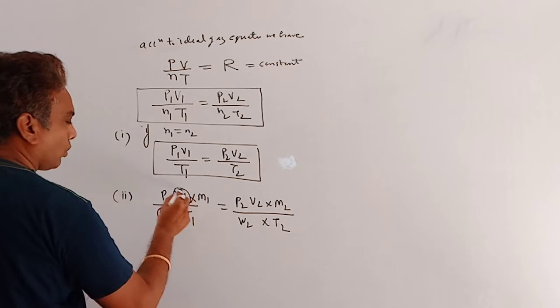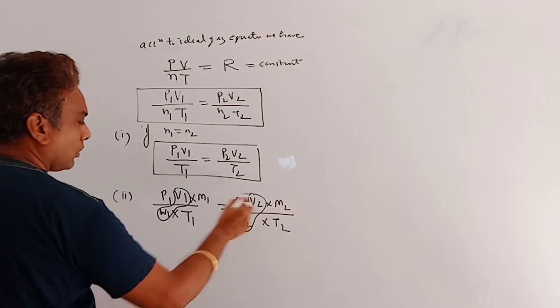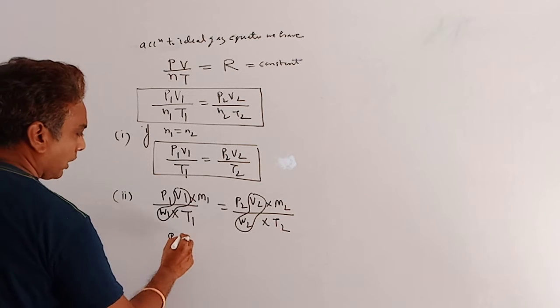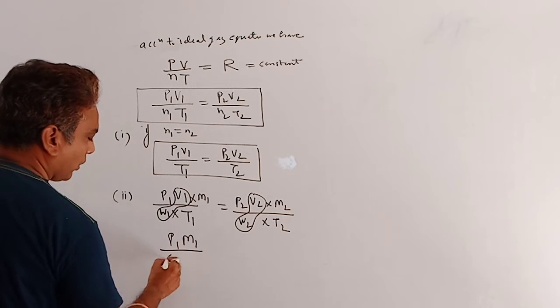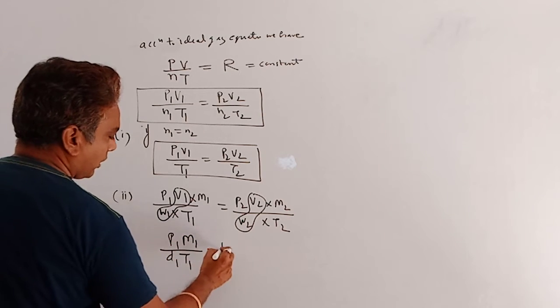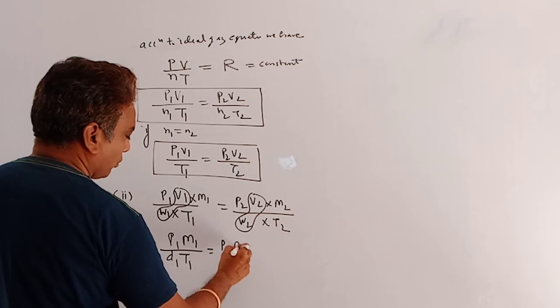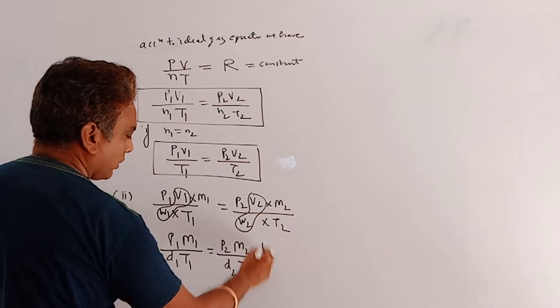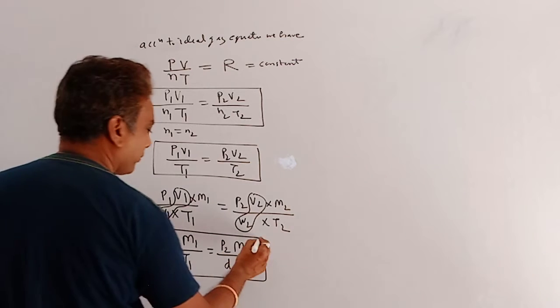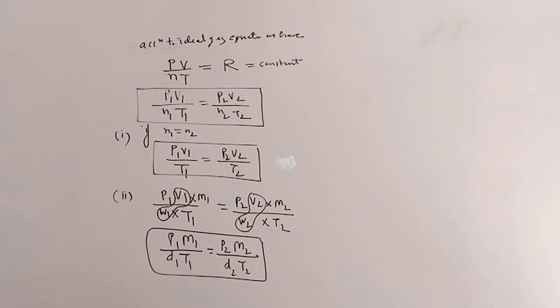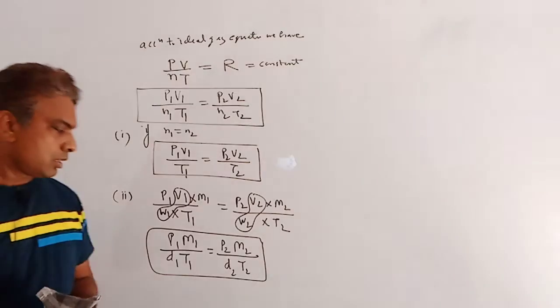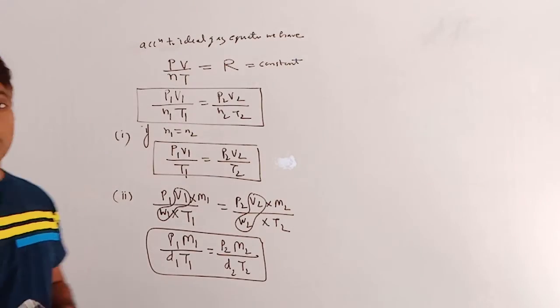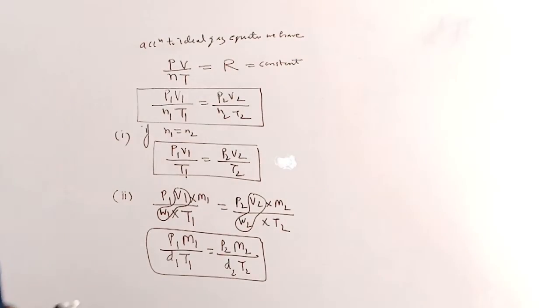So here is the reciprocal of density. So this equation becomes M1 P1 upon D1 T1 is equal to M2 P2 upon D2 T2. This equation is also used for the calculation of different pressure, volume according to the given question.